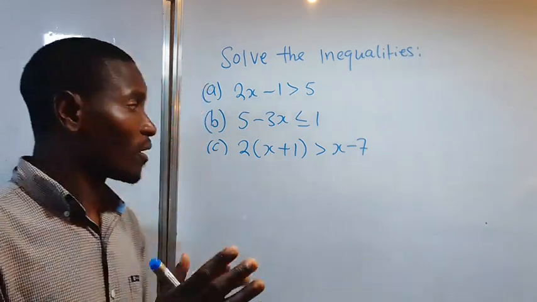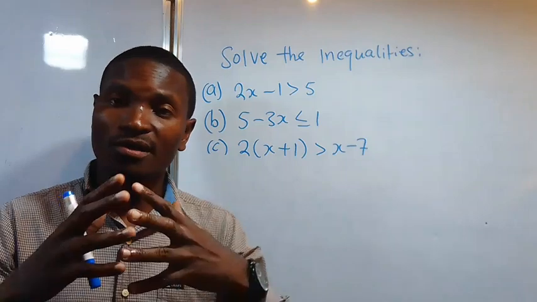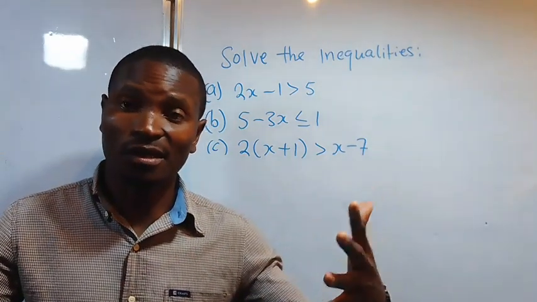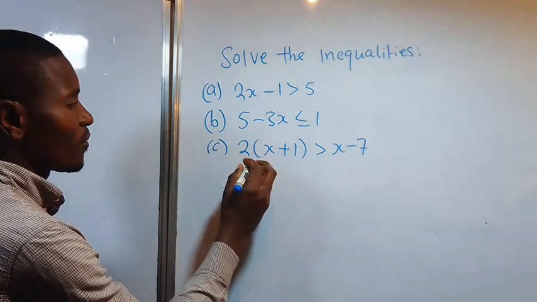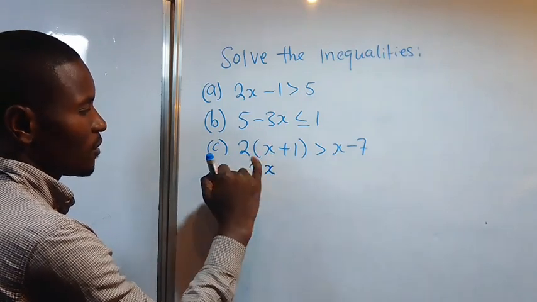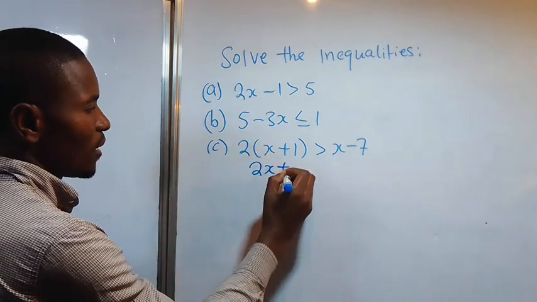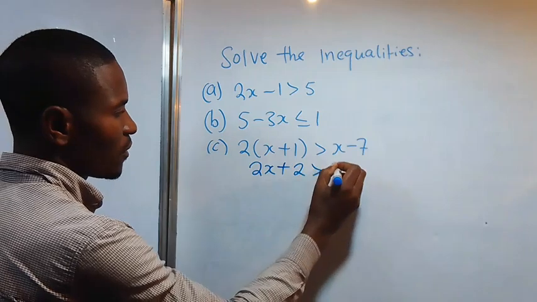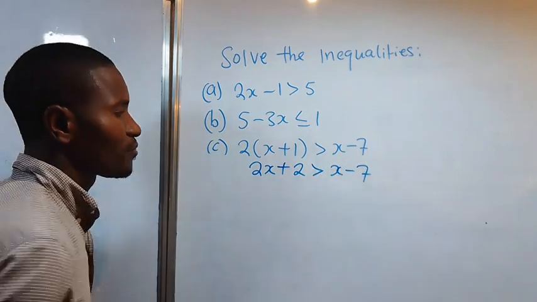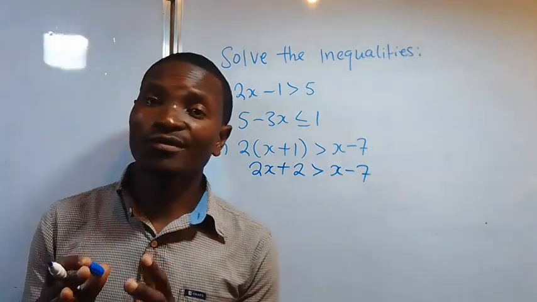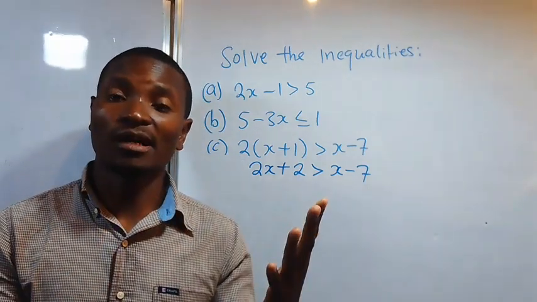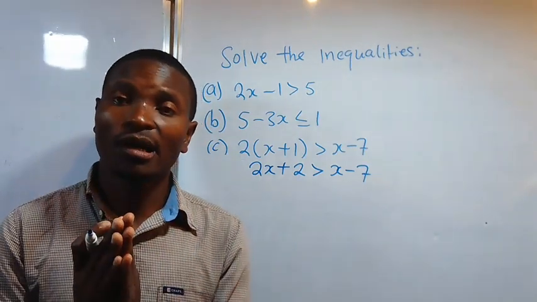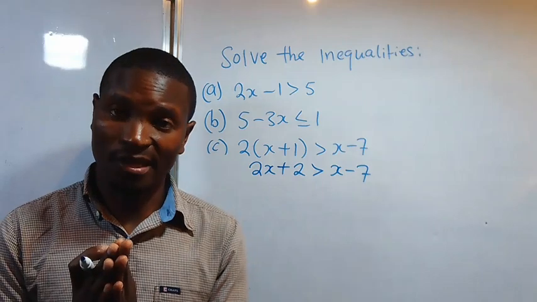So step number one is to expand the brackets. So you're going to say this times this is 2x, this times that, plus 2 is greater than x minus 7. So now what we have just done is expand the brackets so that we can see what we can do from there.